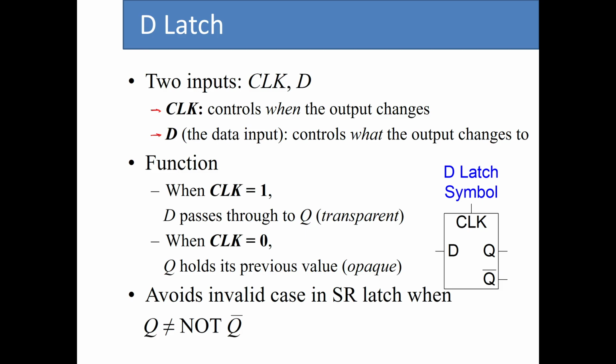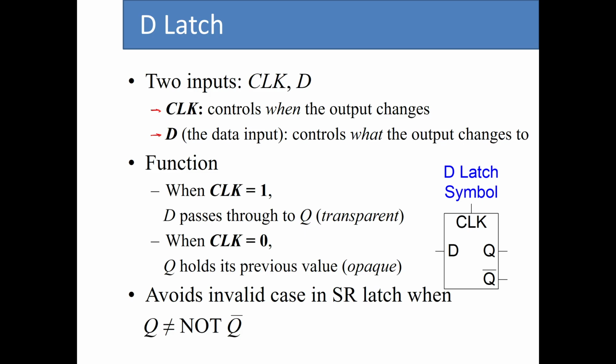For the SR latch, we had both set and reset to either make Q be 0 or 1, right? We didn't have control over time. Or in other words, the time and the value that needed to be stored on the latch were kind of combined. We want to have this separation.